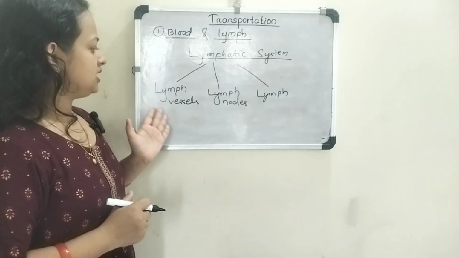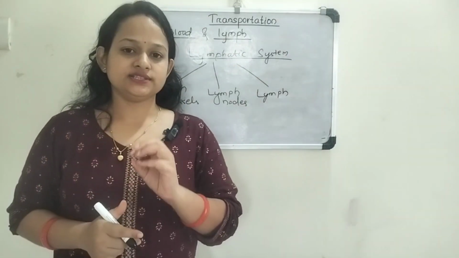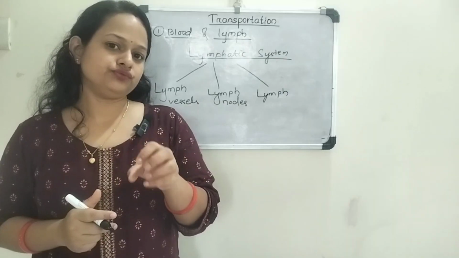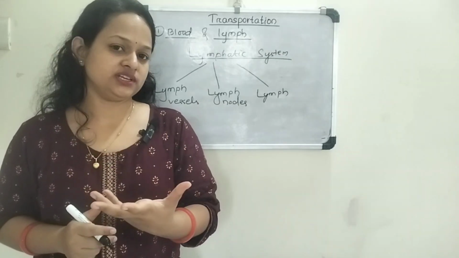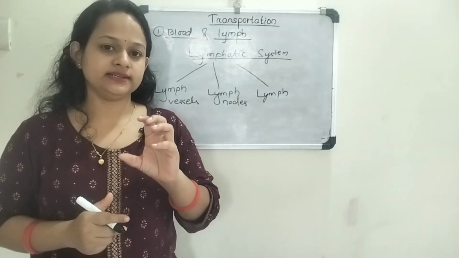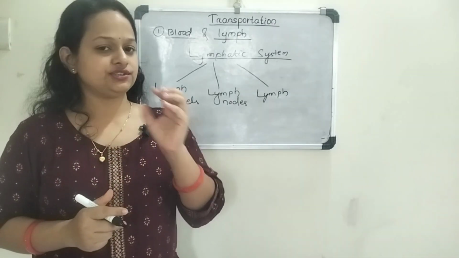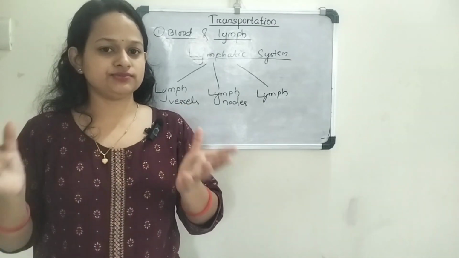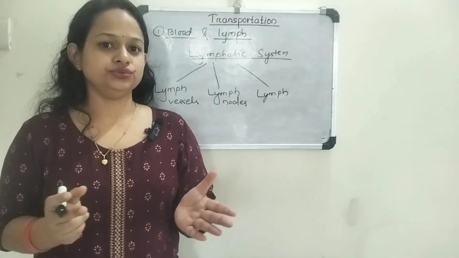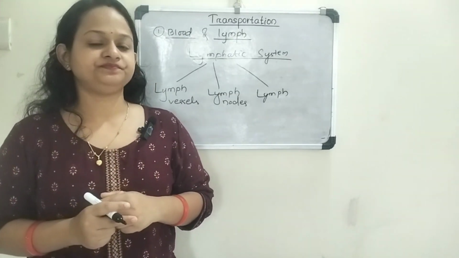The lymph flows through these lymph vessels, and these lymph vessels also carry some food from the intestine. They are present at the base of the villi, and they carry the food and give it to different types of cells which are not reachable by the capillaries of blood.